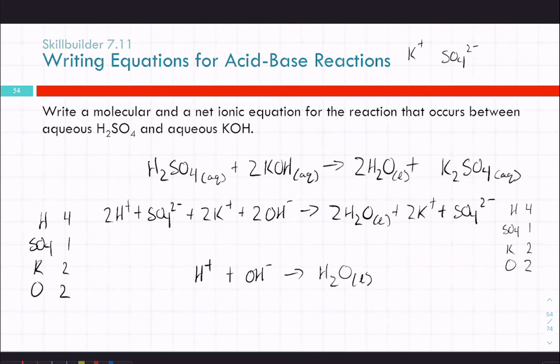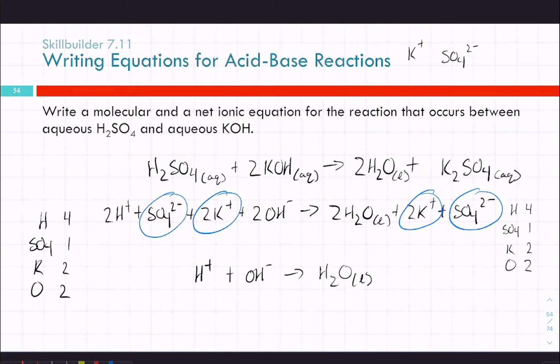And now we can look at either side and identify our spectator ions. So those ions that do not participate in the reaction that are the same on both sides. So potassium and sulfate.